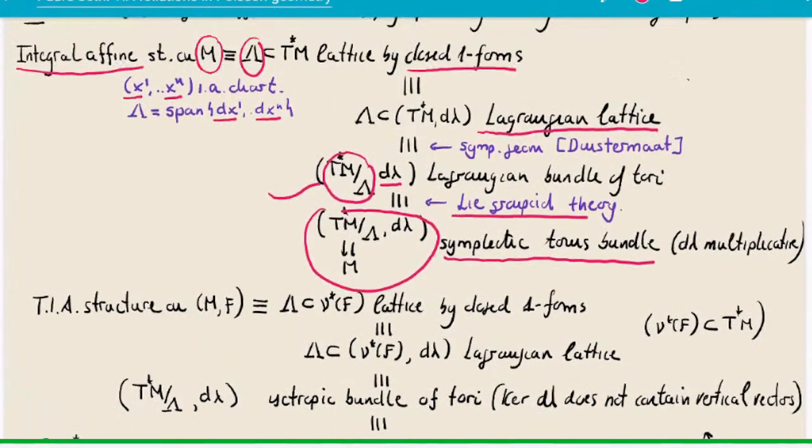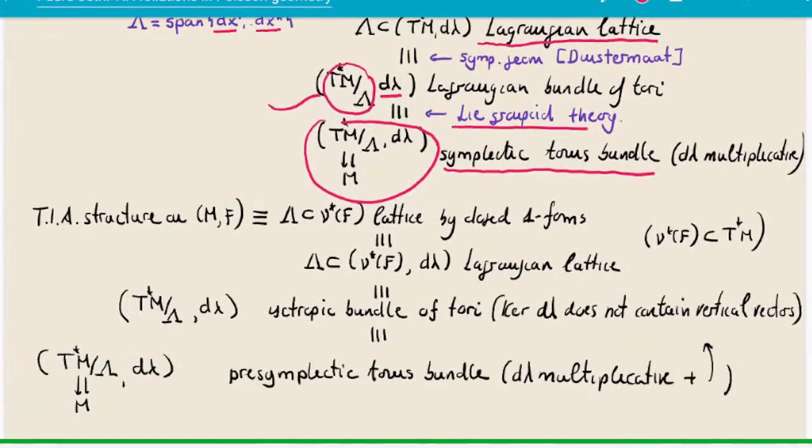Going from manifolds to foliations, that is from integral affine structures to transverse ones, doesn't change the picture at all, essentially. So now the transverse integral affine structure produces a lattice in the conormal bundle. Now the conormal bundle is still inside the cotangent bundle, so you can still say that the lattice is Lagrangian. You can take the quotient, and then you will get a bundle of tori that now won't be Lagrangian with respect to the symplectic form, yet they will be isotropic.